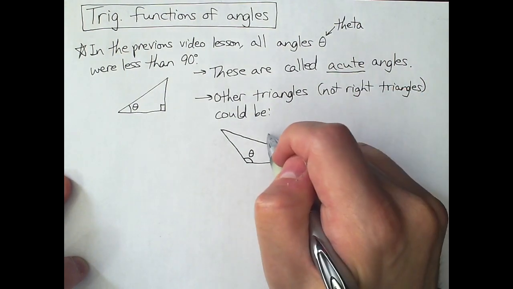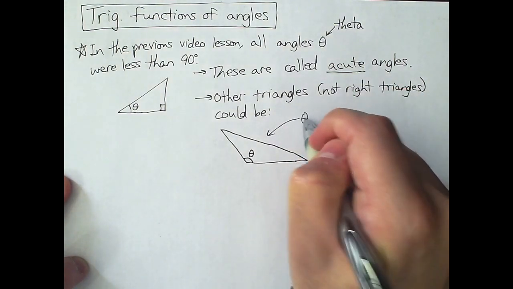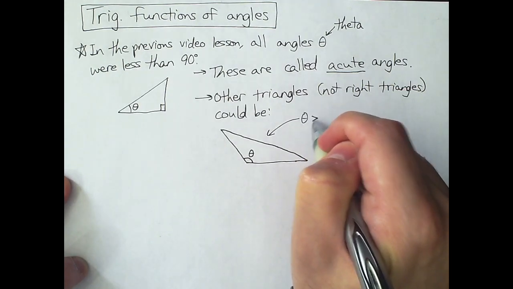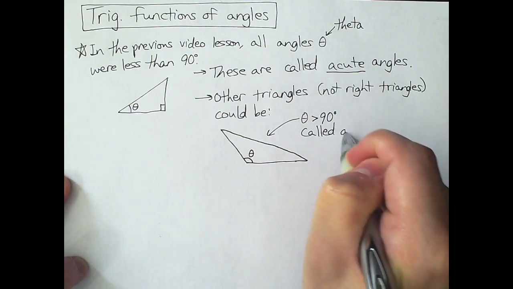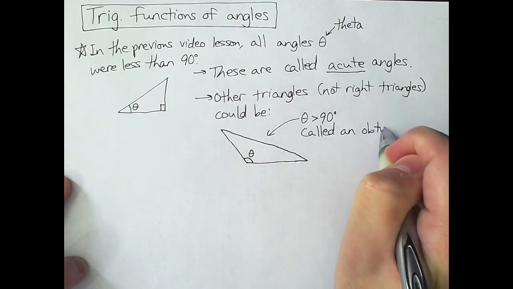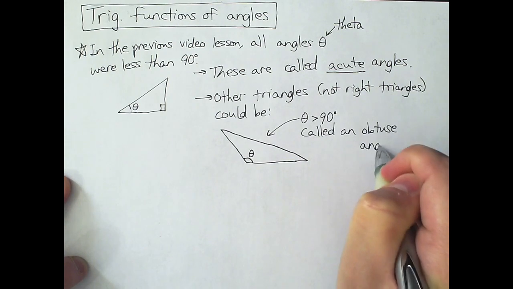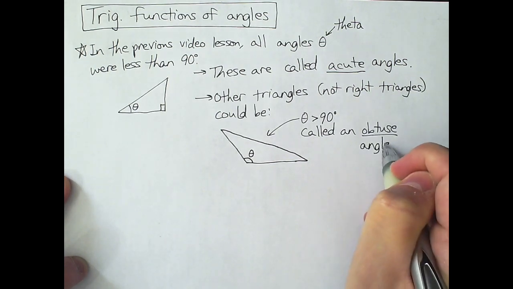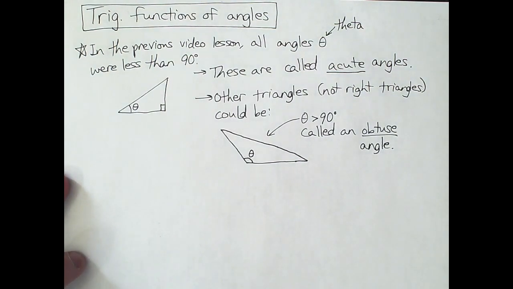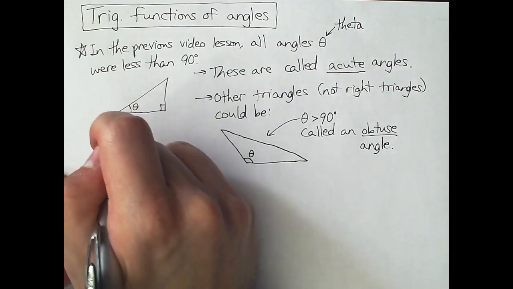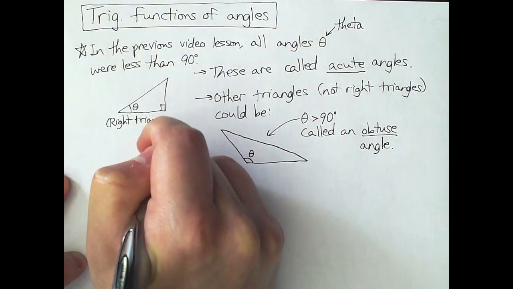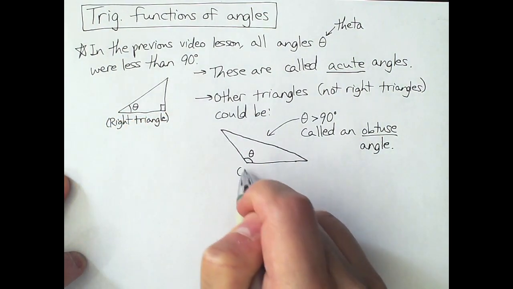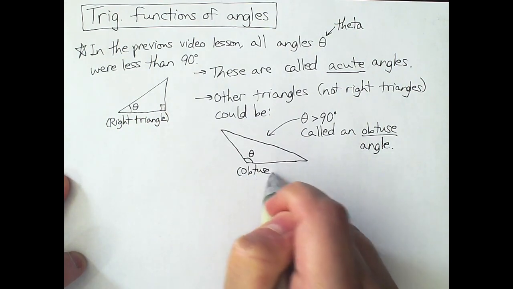So theta is greater than 90 degrees, and it is called an obtuse angle. So right triangles do not have obtuse angles. In fact, I'm going to label that this over here was a right triangle, and this over here could be called an obtuse triangle.